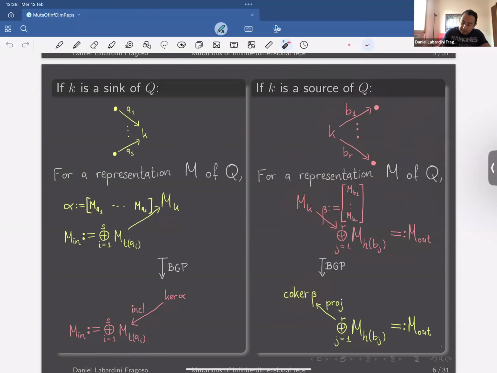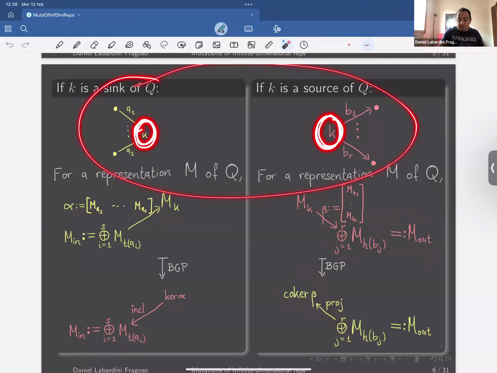Being the cokernel, one has a projection from this space to the cokernel, which is a quotient of this space, and that is how they reverse this arrow and transform it into this arrow. What they do in both cases is replace the vector space that was attached originally to k, and then reverse the linear maps.